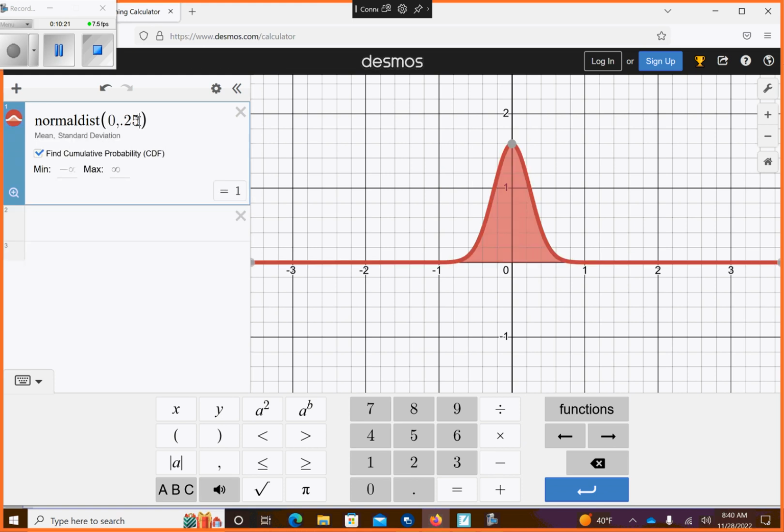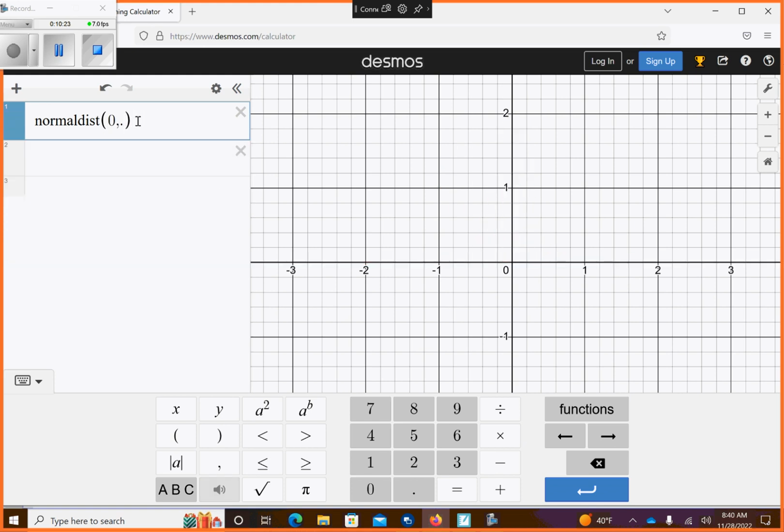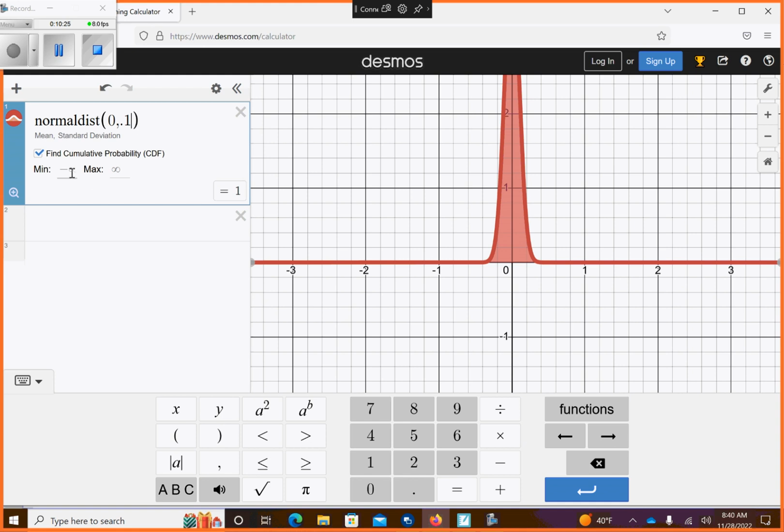So we have to plug in that and that. Now notice we have a minimum value. So we want our minimum value to be negative 0.75. And then we don't want it to go to positive infinity. We want it to go to 0.25.